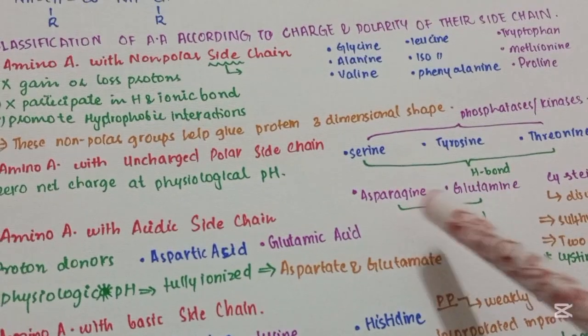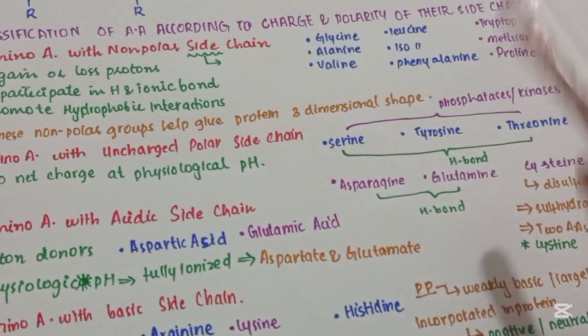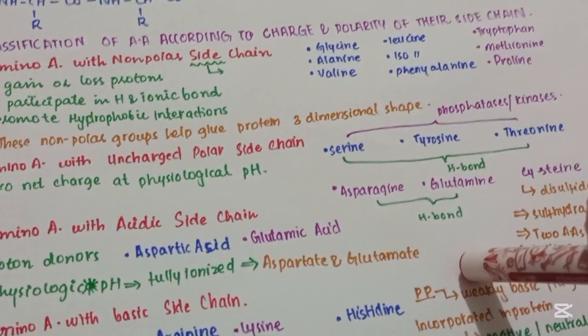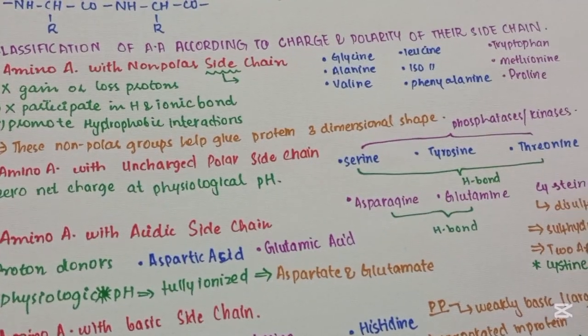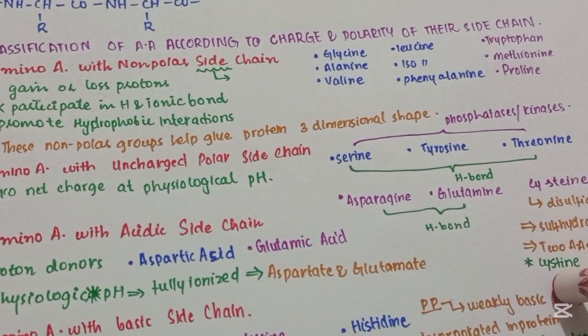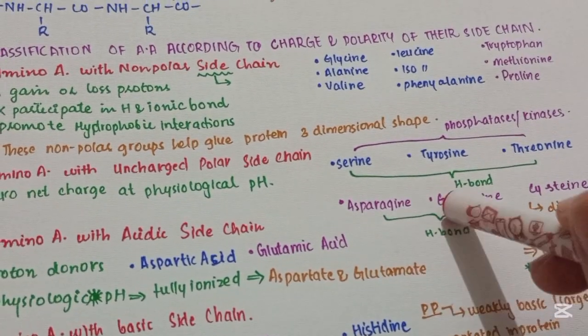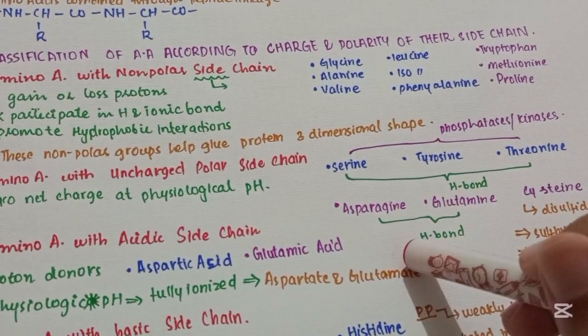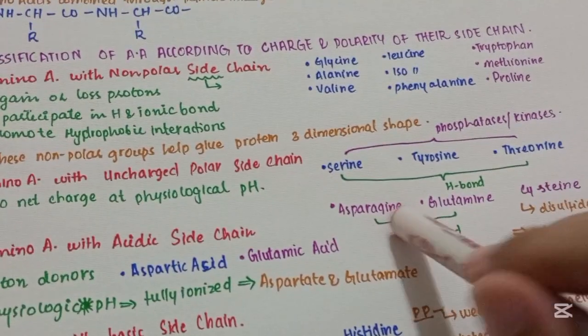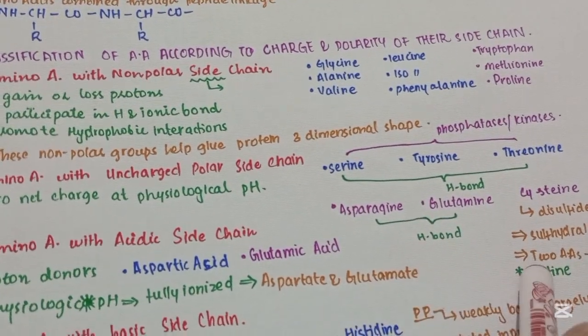Asparagine and glutamine also have carbonyl and amide groups, so they also take part in hydrogen bond formation. Next is cysteine. Cysteine has a sulfhydryl group, and two cysteine amino acids have their sulfhydryl groups oxidize, resulting in the formation of a disulfide bond, and the individual cysteine is now known as cystine.